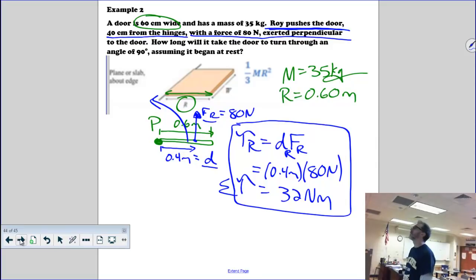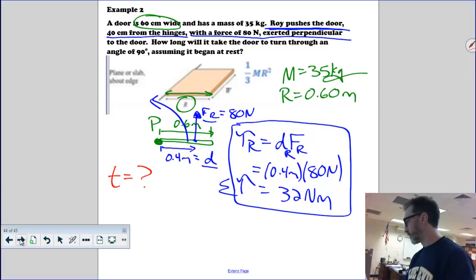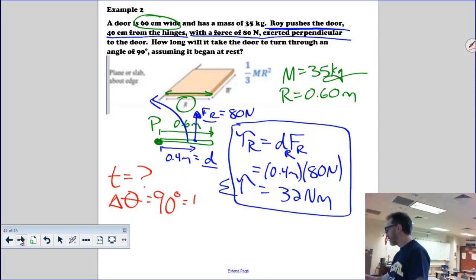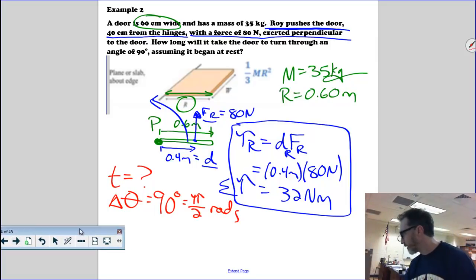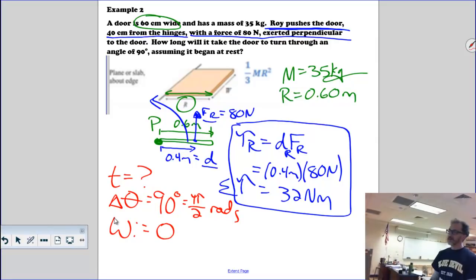Okay. So it says, how long will it take the door to turn through an angle of 90 degrees? So we're looking for the amount of time that it's going to take to go through an angle of 90 degrees, which is really pi over 2 radians. Assuming it began at rest, that means my initial angular velocity is 0.